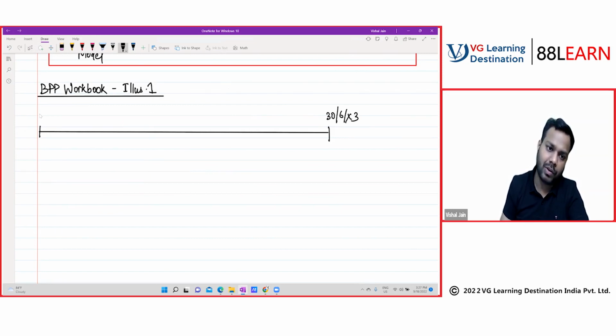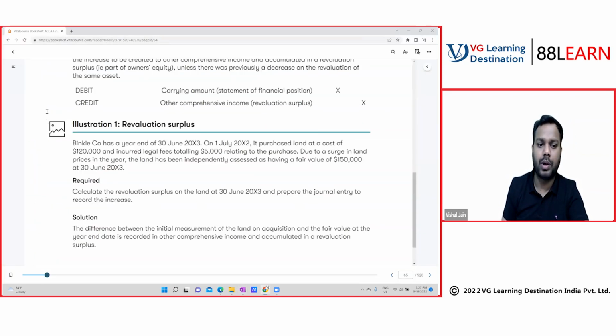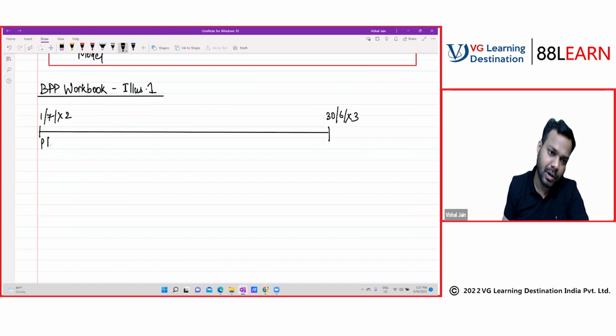It purchased the asset on 1st July X2. Okay, what is the cost? What is the purchase price? It purchased the land at a cost of, okay, so the purchase price is $120,000.